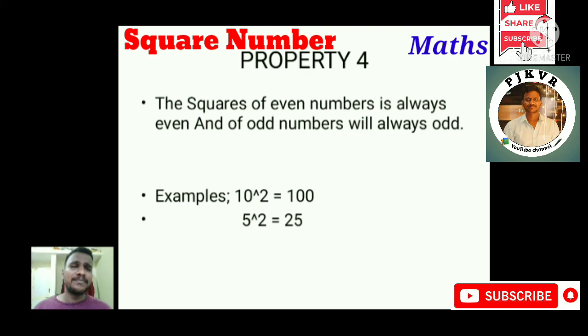Give the example: 10 square is equal to 100. 10 is an even number, and an even number always gives an even square. Take an odd number example: 5 square is equal to 25. 5 is an odd number and the square, 25, is also an odd number. Property 4 says the square of an even number is always even and of an odd number will be odd.